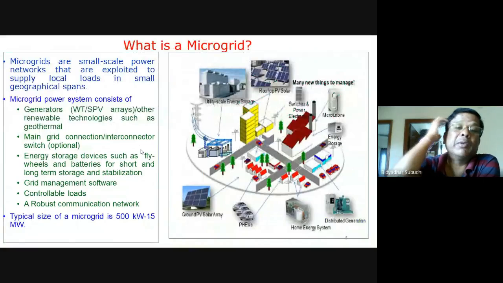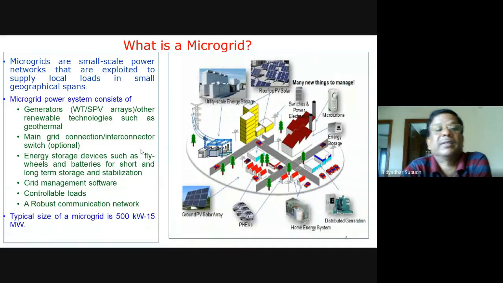Now, when we talk about a microgrid, what do you understand by that? Microgrids are small scale power networks that are exploited to supply local loads in small geographical spans. A microgrid typically consists of power generators, particularly renewables, and conventional ones as well, such as wind turbines, solar photovoltaic arrays, and other renewables.